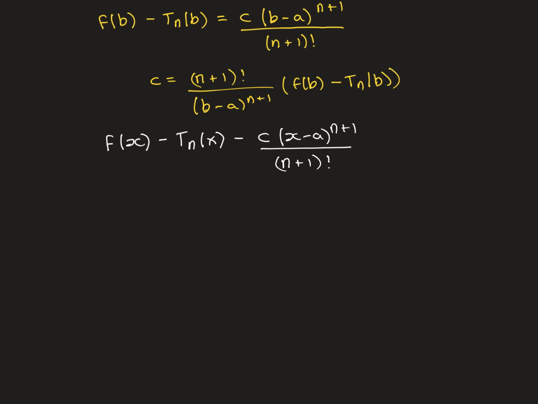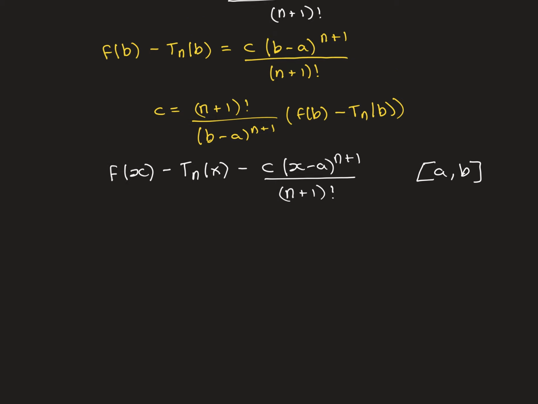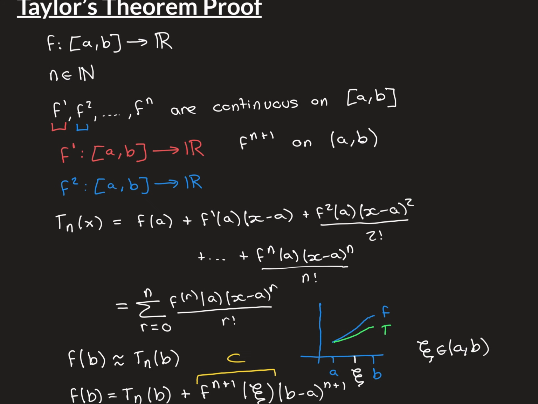So certainly on our closed interval from a to b, these polynomial functions, minus T_n(x) and minus c times (x minus a) to the power of n plus 1 over (n plus 1) factorial, are going to be infinitely differentiable. All the derivatives are continuous. Therefore, we are just taking this function and adding it effectively to another function that is guaranteed to obey all of those criteria. In fact, of course, this thing that we're adding on obeys far more than these criteria.